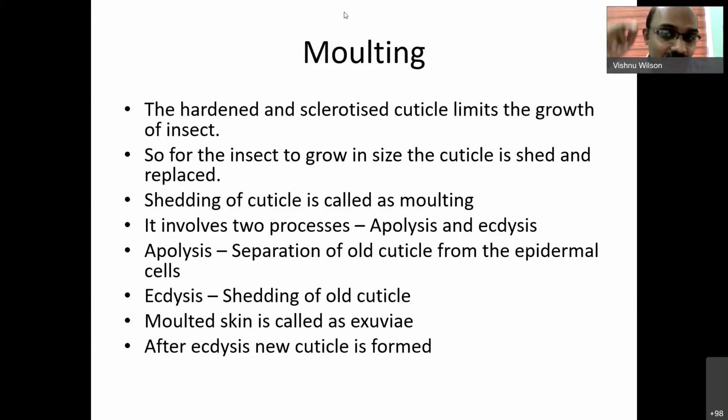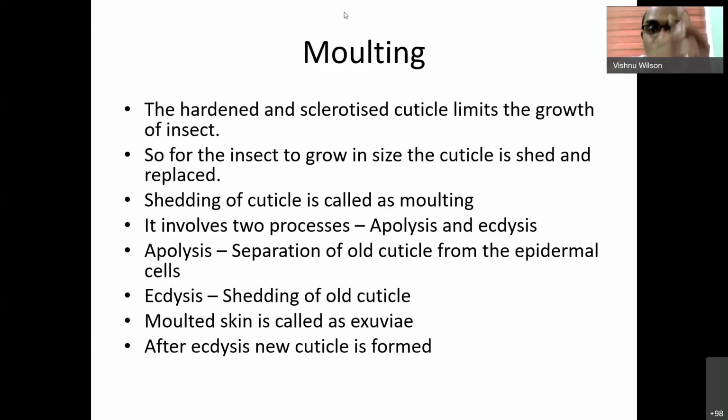And in the last class you studied, once the cuticle is formed, especially the procuticle, that is the most hardened part, the procuticle gets differentiated by the process called sclerotization. Only the outer part of the procuticle, that is the exocuticle, gets sclerotized or hardened. Endocuticle is less sclerotized.